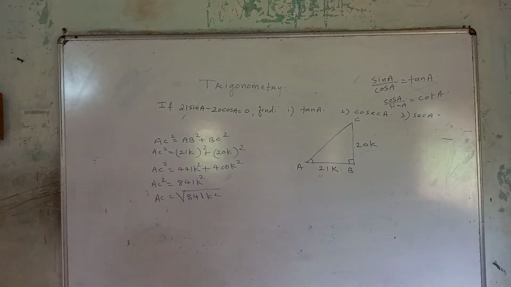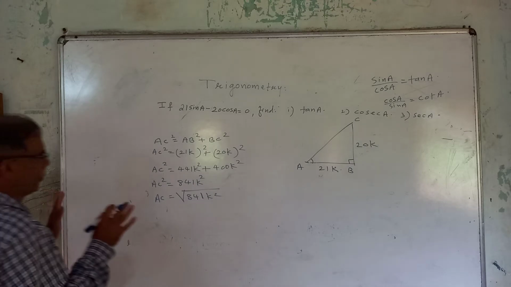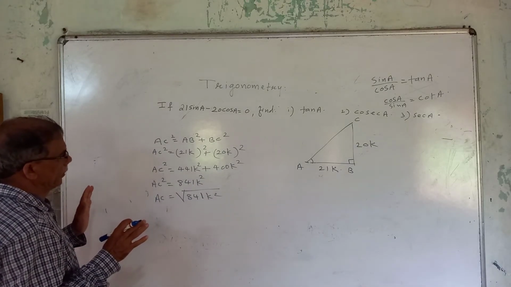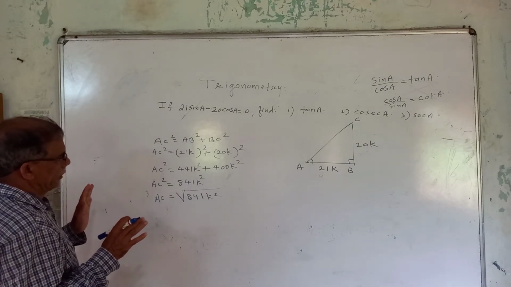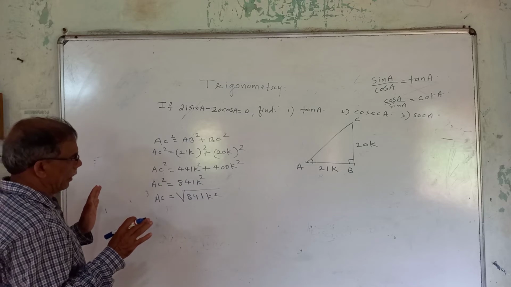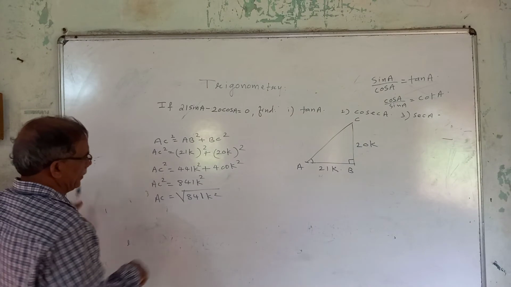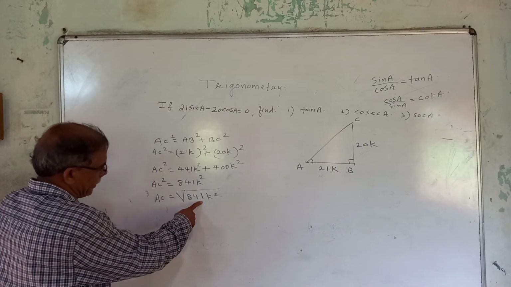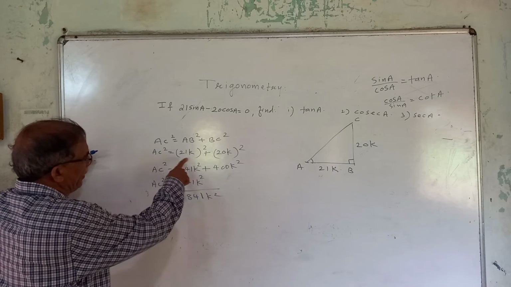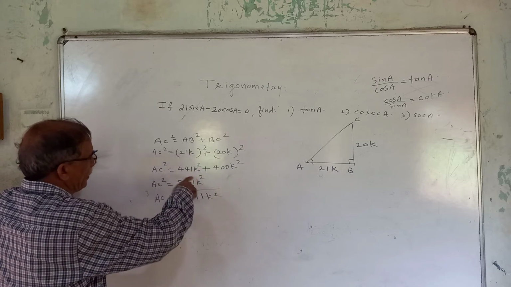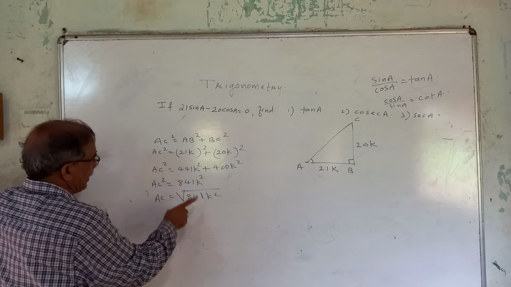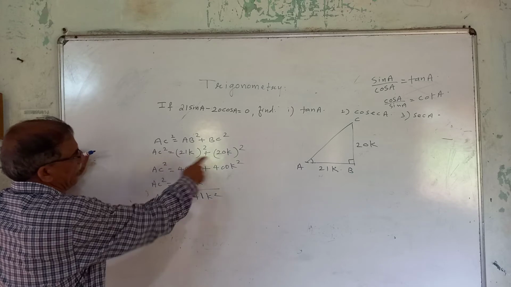Suppose we don't know the square root of 841. 841 is the square of which number? Suppose you don't know. Now this last digit is 1. And here it is 21 plus 20. So this answer must be greater than these two numbers.